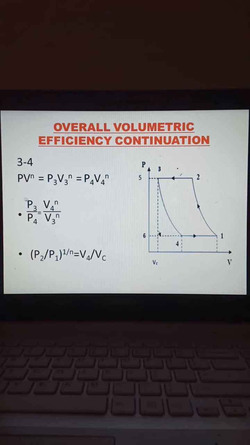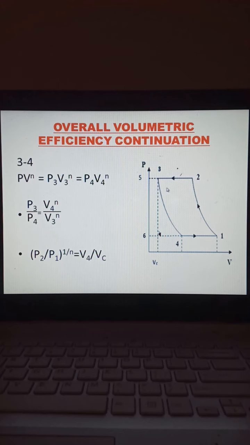You know the polytropic equation, PV raised to n is equal to constant, so we can write P3 V3 raised to n is equal to P4 V4 raised to n. I will bring P4 to this side and V3 to this side, and the n to the other side, so it becomes P3 divided by P4 the whole raised to 1 by n is equal to V4 divided by V3.